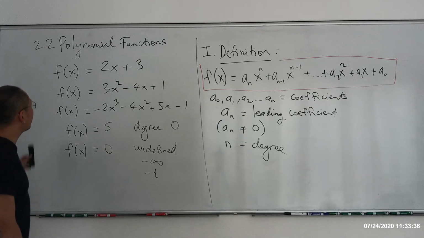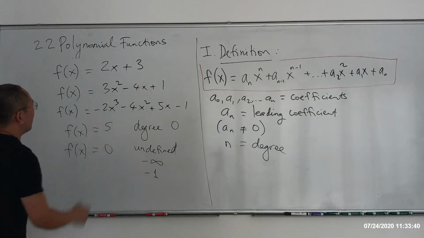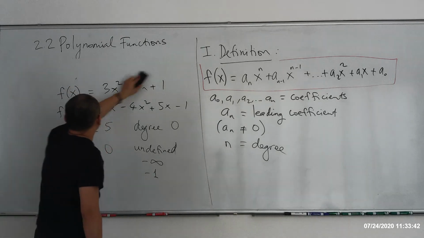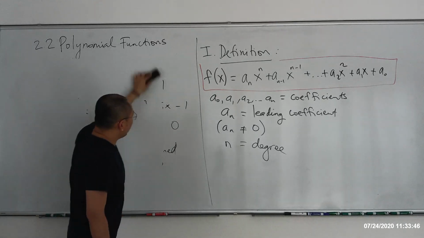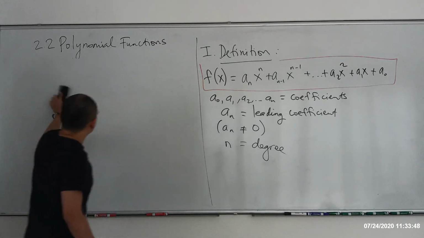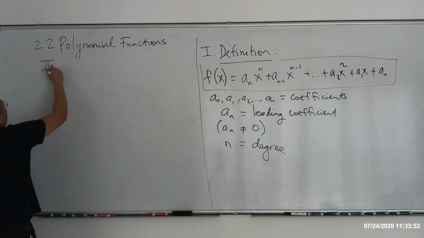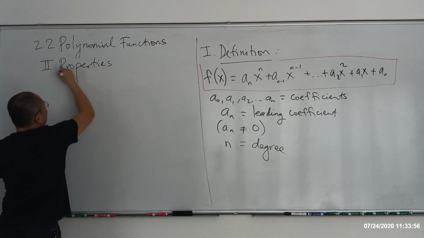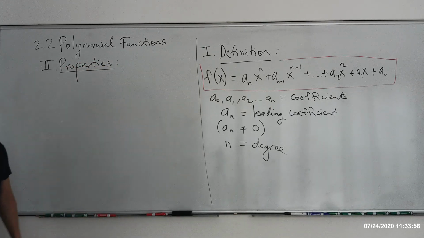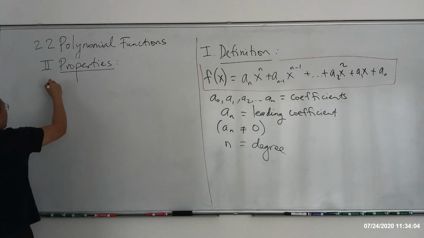Okay. Now let me move on to the second item. First one, the definition. Second topic, I'll be talking about some basic properties of polynomial functions. Number 2, properties. The very first property that I'm going to bring to you guys is about the graphs.